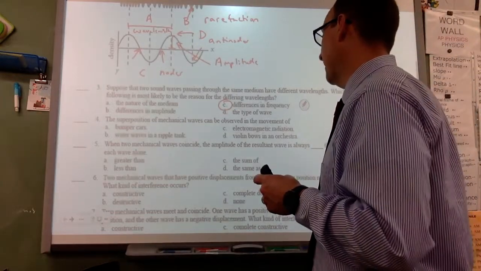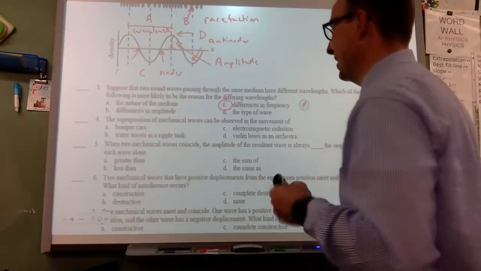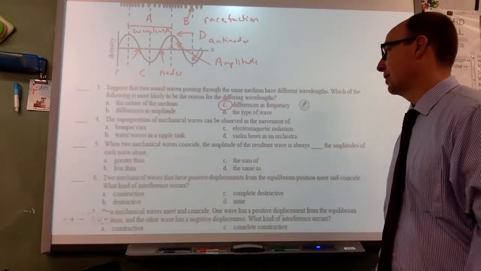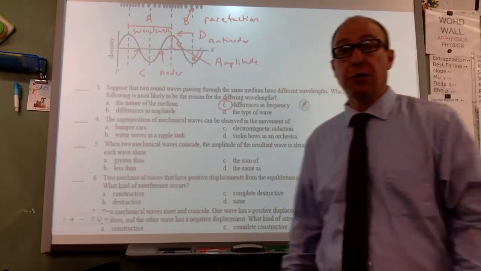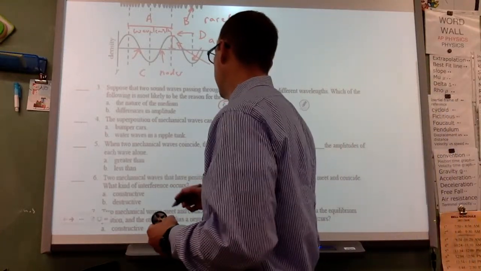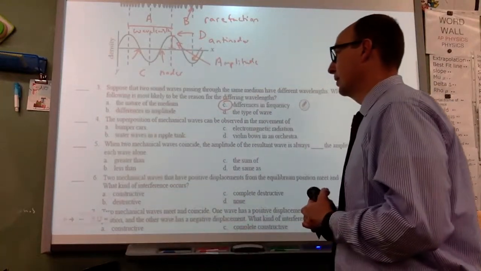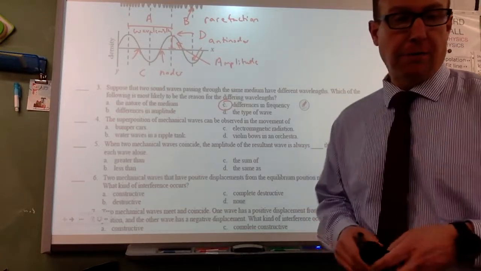Superposition of mechanical waves can be observed in the movement of. So this is when waves overlap each other, cancel each other out, or add together. So we saw this in our diffraction lab, right?